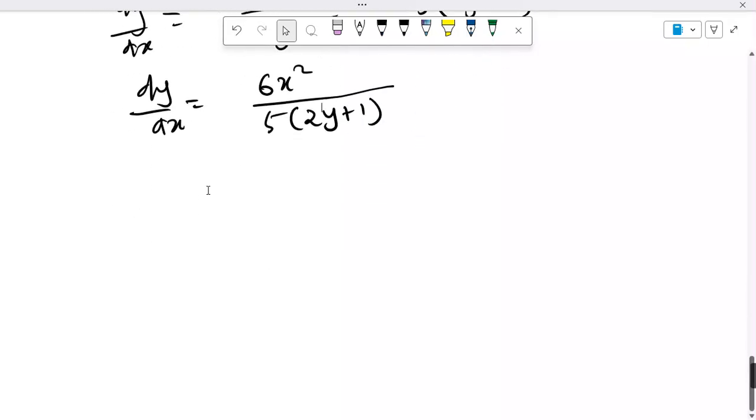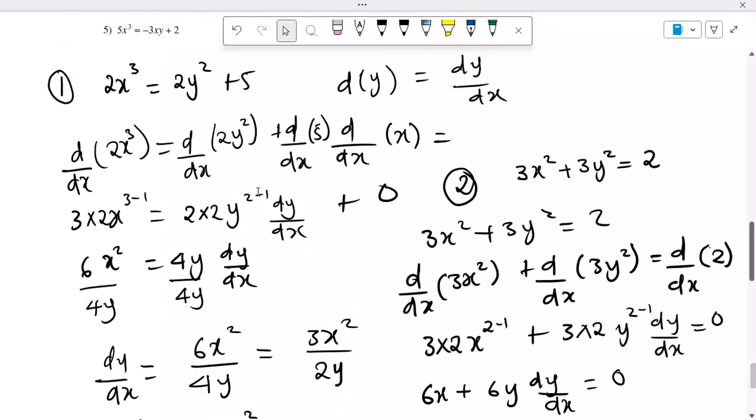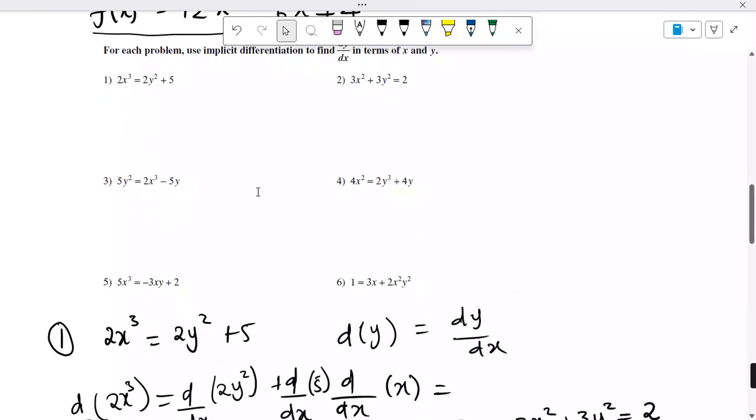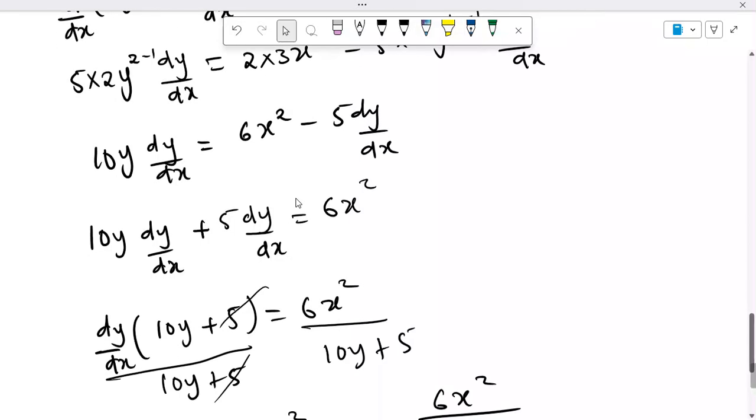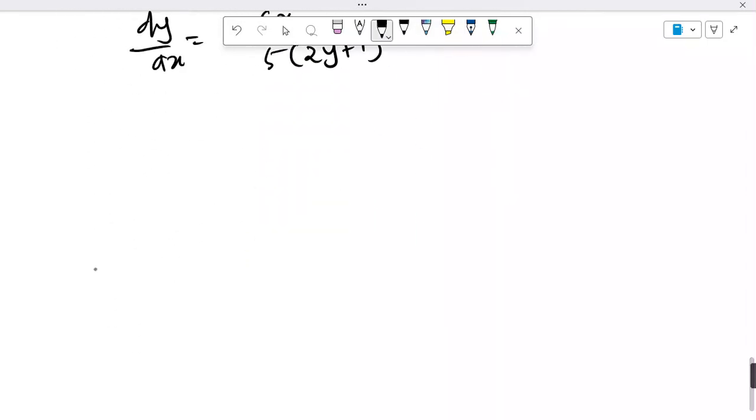Let's go to 4. Let's check our number 4. Number 4 is 4x squared equals 2y to the power 3 plus 4y.